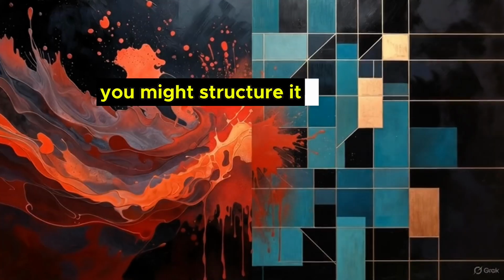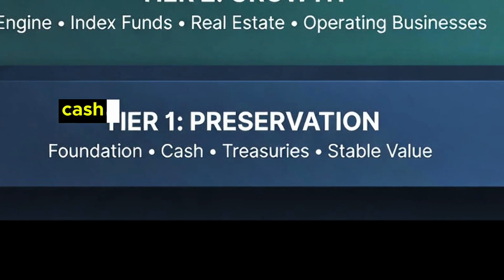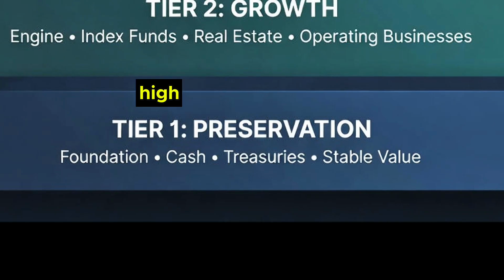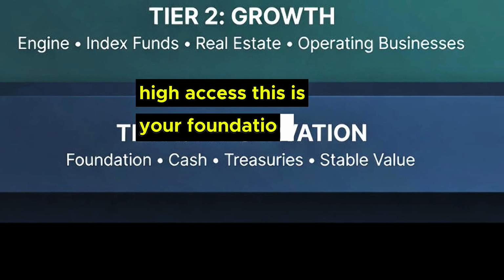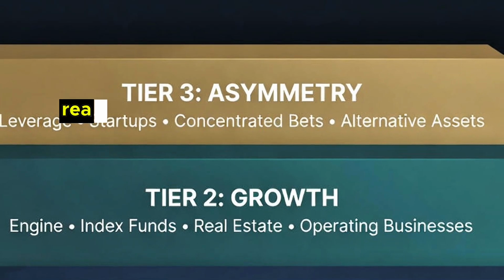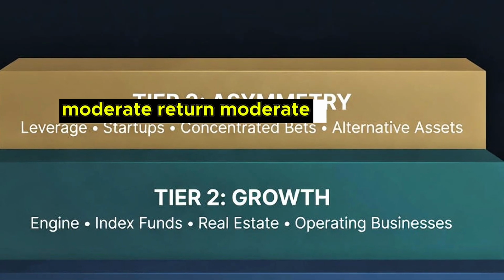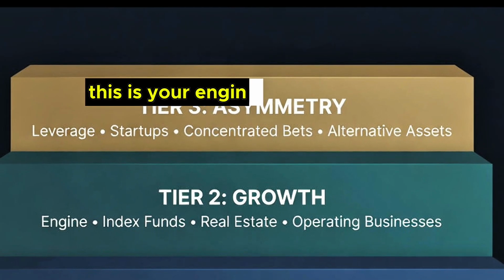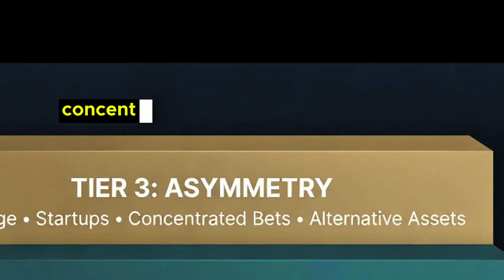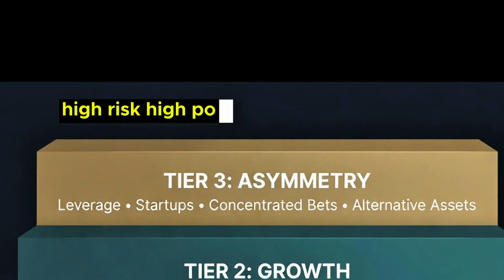You might structure it like this: Tier 1, preservation, cash, treasuries, stable value, low return, high access. This is your foundation. Tier 2, growth, index funds, real estate, operating businesses, moderate return, moderate risk. This is your engine.